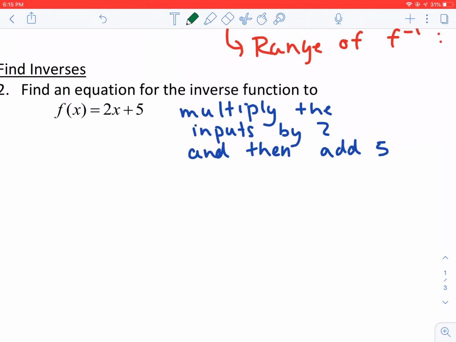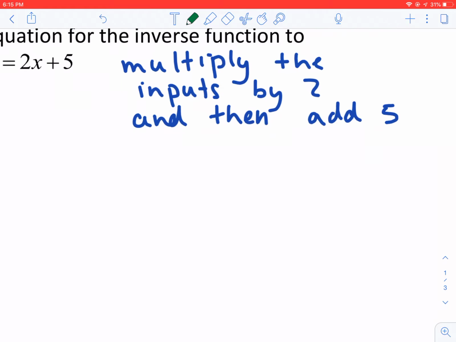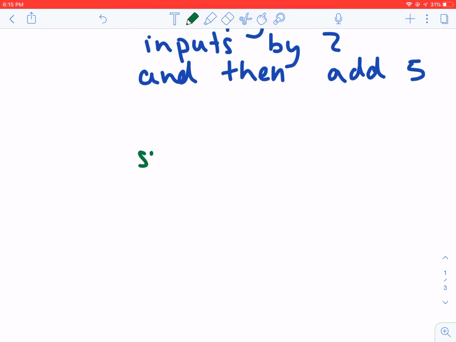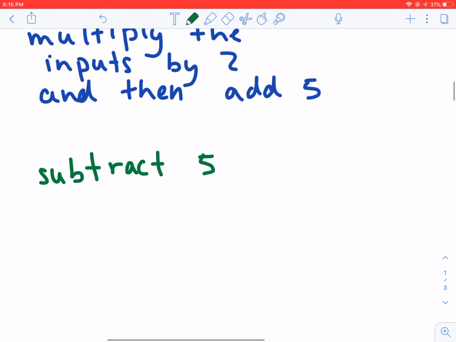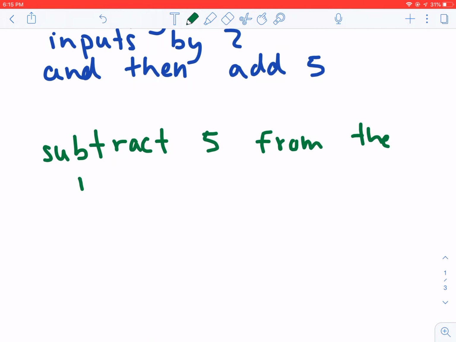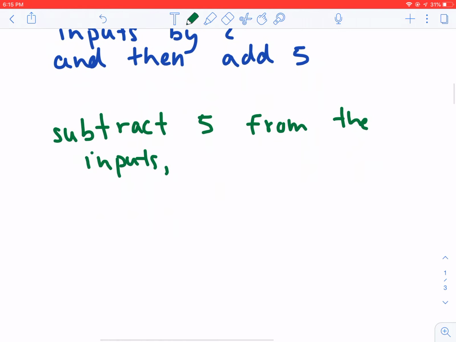What is going to undo this process of multiplying inputs by 2 and then adding 5? Well, we have to do it in reverse order as well. We're going to subtract 5 from the inputs first. And we multiplied the inputs by 2 first, so now we're going to divide by 2.